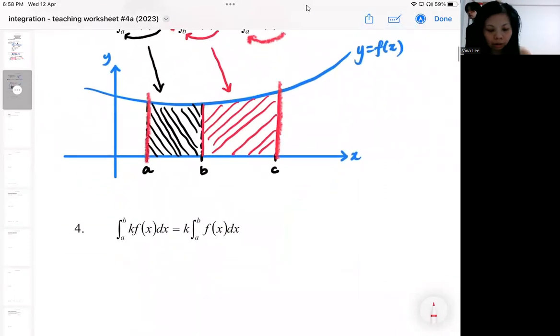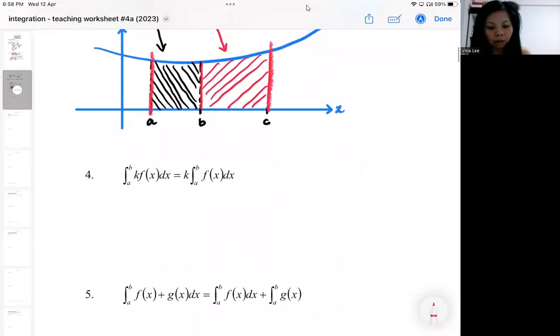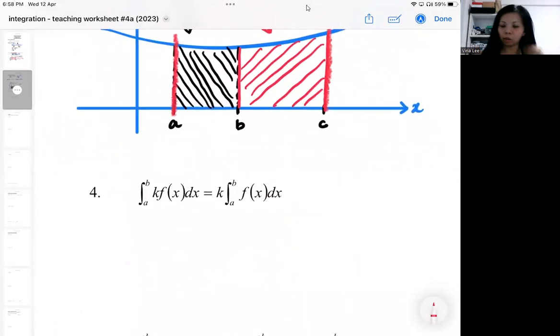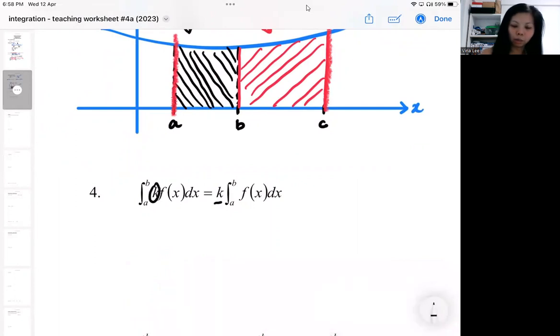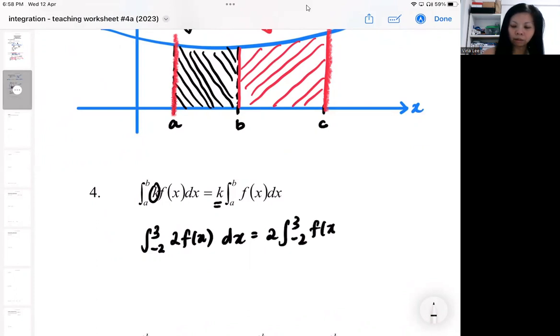Okay, the next two properties are the easier ones. For such definite integral, you can move the numbers in and out. A constant can be moved in and out. So a very simple example. So for example, integral from -2 to 3 of 2f(x). You can move the 2 out to make your definite integral easier.